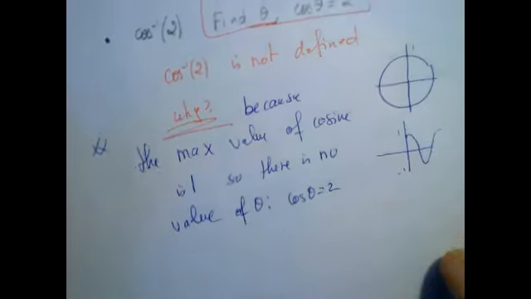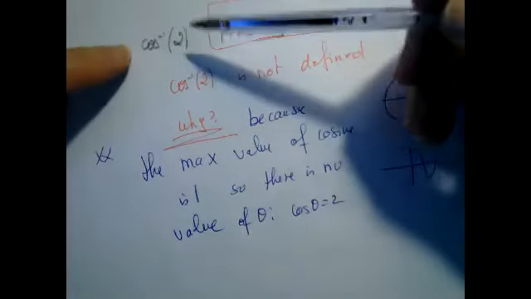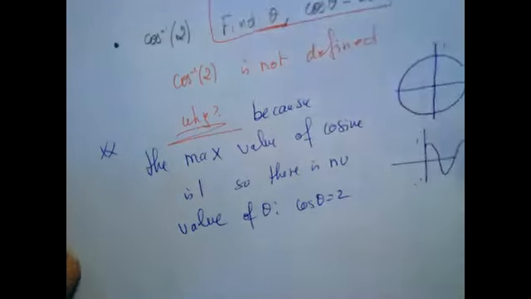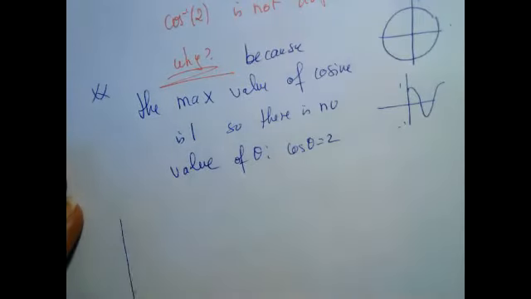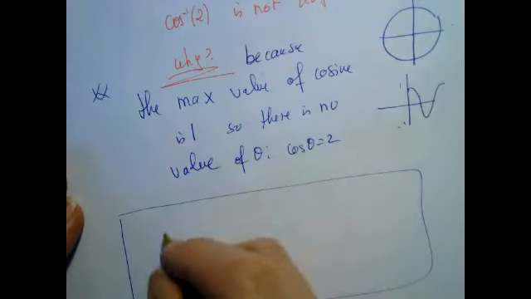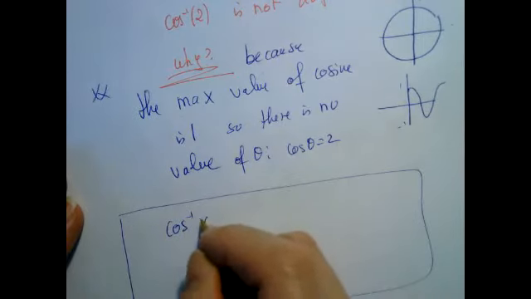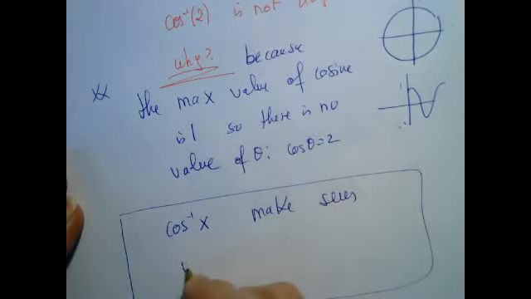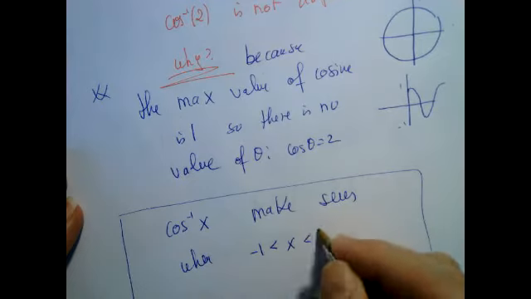That doesn't work. Okay. So the only thing I can put inside the cosine inverse has to be a number between -1 and 1. So this tells me that cosine inverse of x makes sense when x is between -1 and 1.